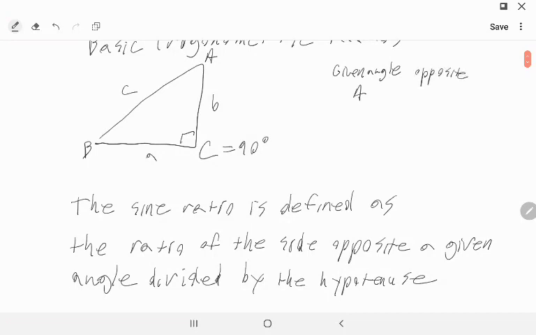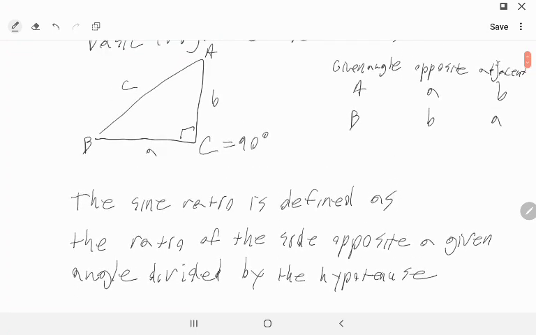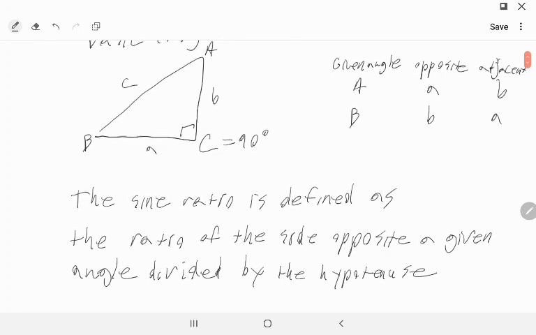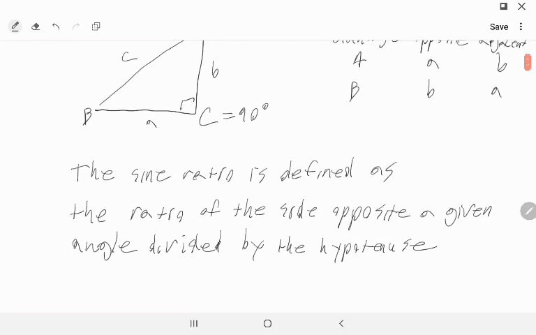The leg opposite angle A is little a, adjacent is going to be little b, and then for the angle capital B, the opposite side is little b, the adjacent side is going to be little a. So opposite basically means not connected to the angle, adjacent means that it is connected, it forms one of the legs that forms the angle.